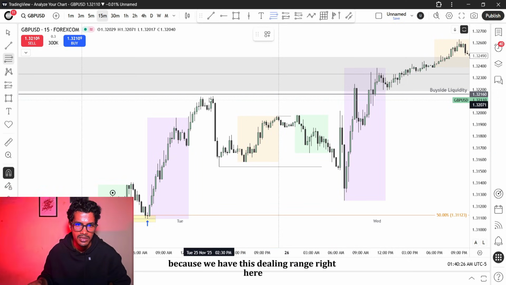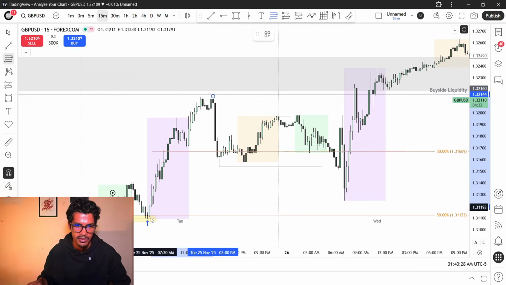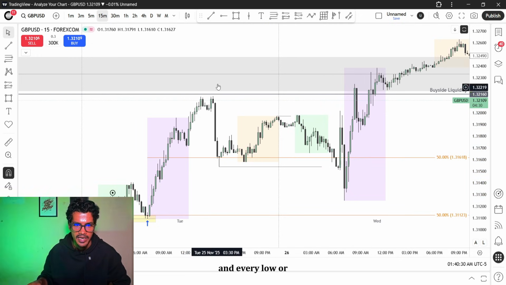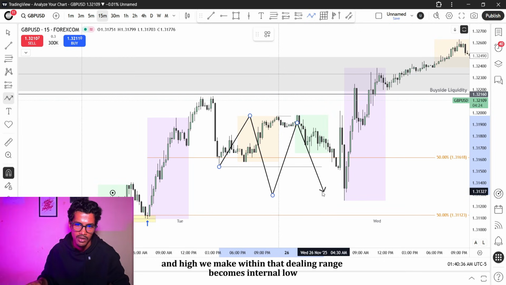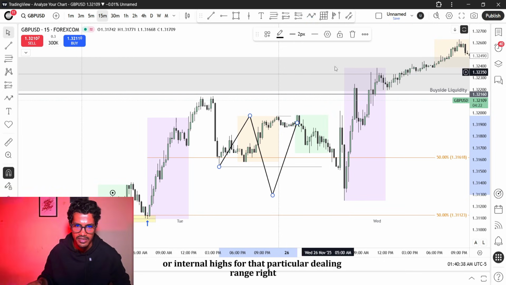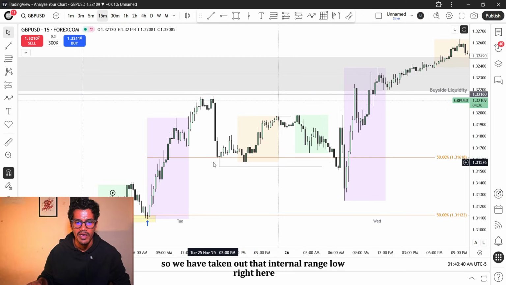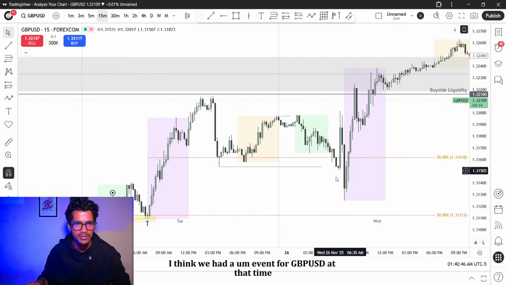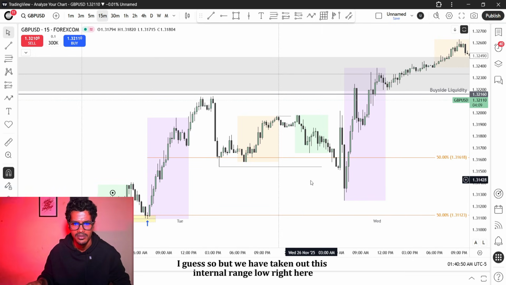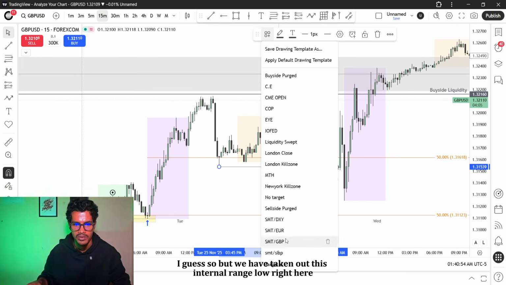Because we have this dealing range right here, and every low and high we make within that dealing range becomes an internal low or internal high for that particular dealing range, right? So we have taken out that internal range low right here. I think we had an equal low for GBPUSD at that time, I guess, but we have taken out this internal range low right here.